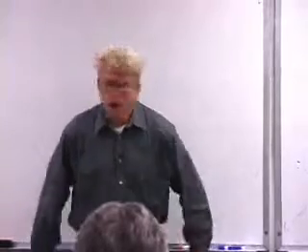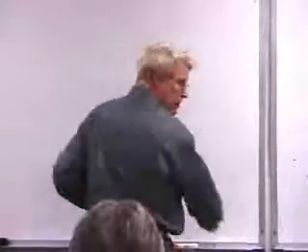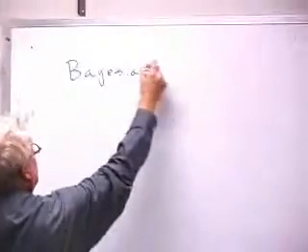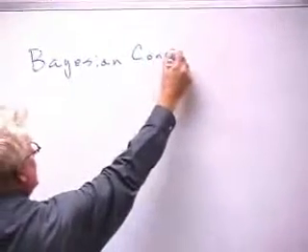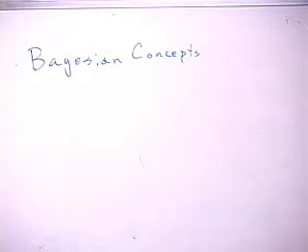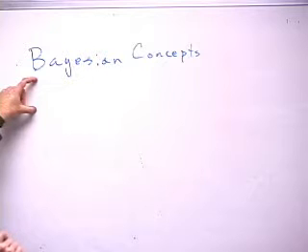Okay, so what I want to do today is, as an outline, start out with Bayesian concepts and show exactly what's going on from a Bayesian perspective. That's where these ideas were developed. Then what is interesting is we can reinterpret the results of our analysis in purely classical terms.